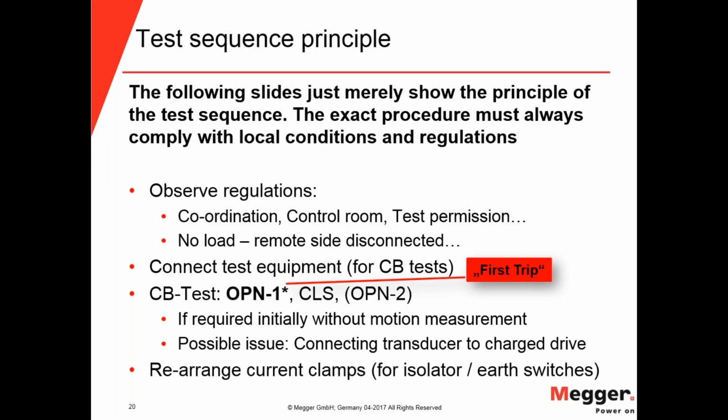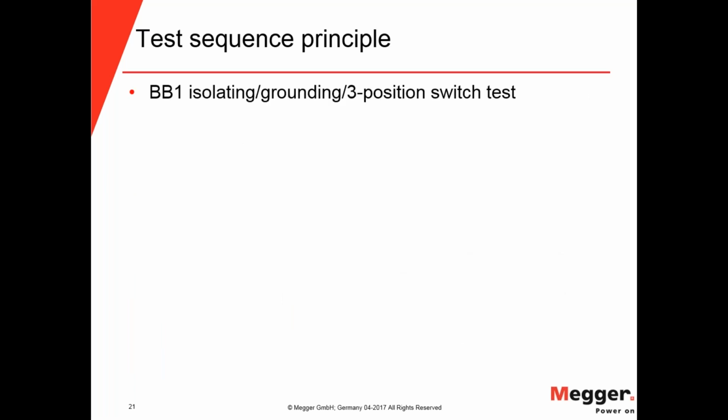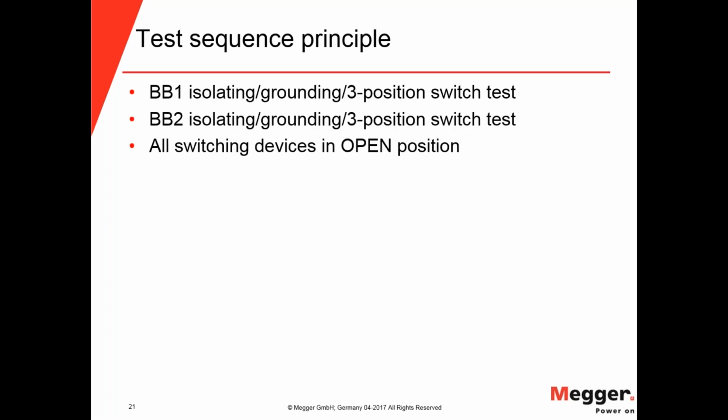Okay, and then after doing your breaker test, you can rearrange the current clamps for isolator and earthing switch motor current testing. So you test the isolating switch for bus bar 1 and for bus bar 2 and so on.